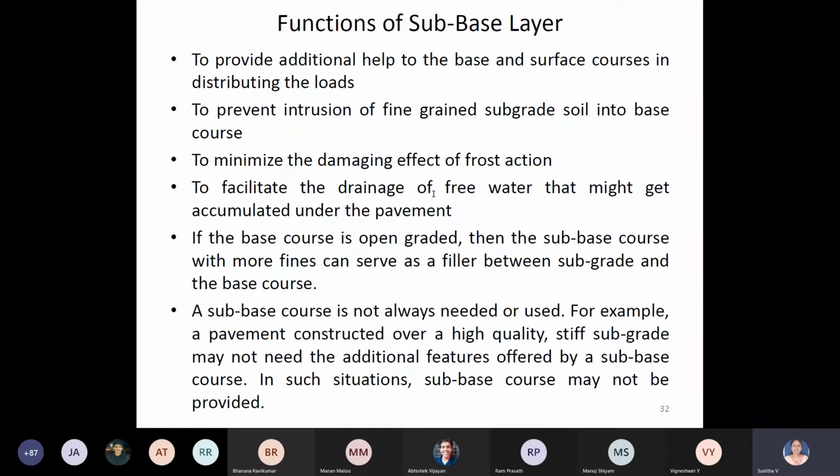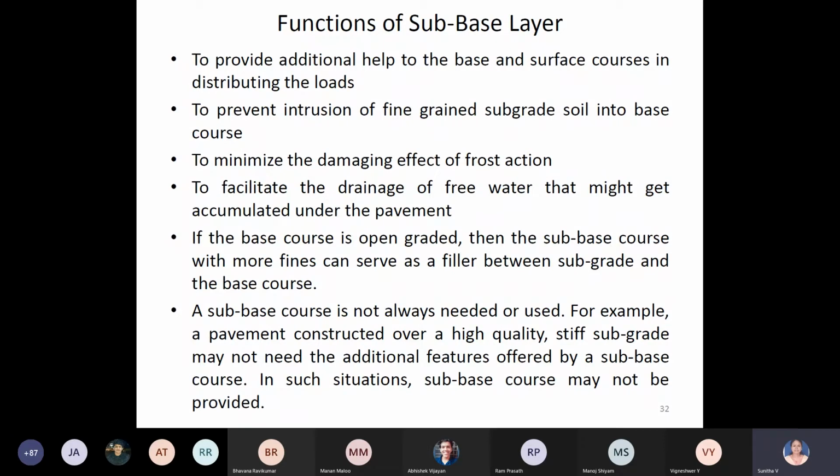Whenever you're designing your pavement, you want your pavement to be impermeable, so it should not allow water to percolate inside. Suppose it happens to percolate inside, either through some damages, pores, cracks, or from the sides. There are a number of ways the water can enter into the pavement.